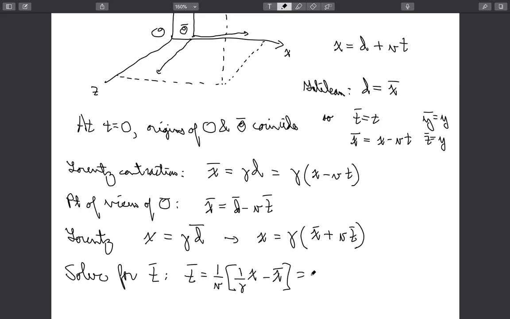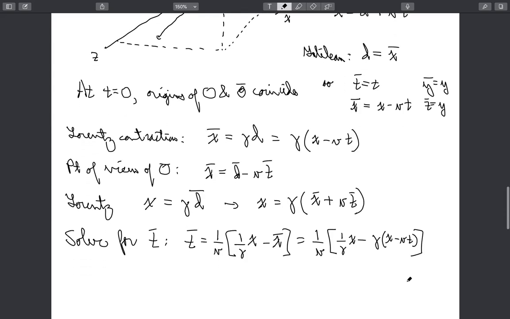I can play with this if I want. Let me first replace x bar here. So I would get 1 over v, and now I have 1 over gamma x minus, using this relationship here, gamma times x minus vt.